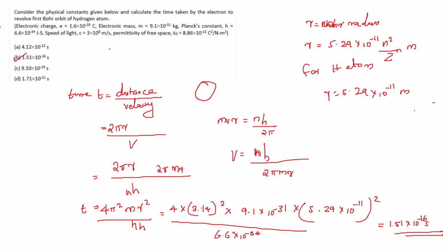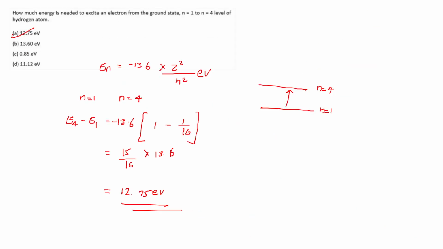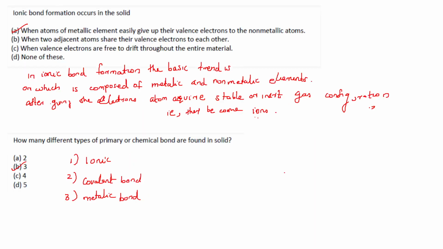And here is one of the important questions we discussed, which includes the Bohr equations, and we have to calculate the time taken by the electron revolving in the first Bohr orbit of the hydrogen atom. And this question, you can clearly see, is a simple one: an electron transfers from one level to another level, what will be the energy difference, the exciting energy for that.